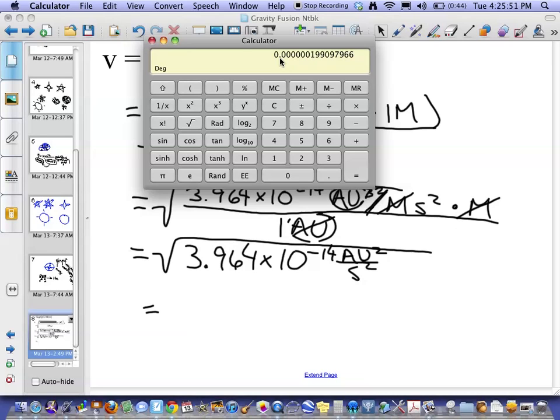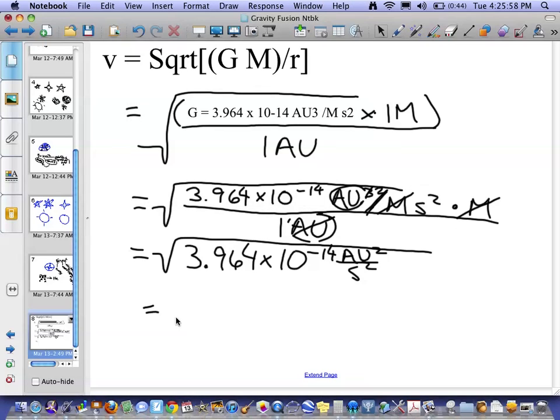So it's going to be 1.991 times 10 to the negative 8.